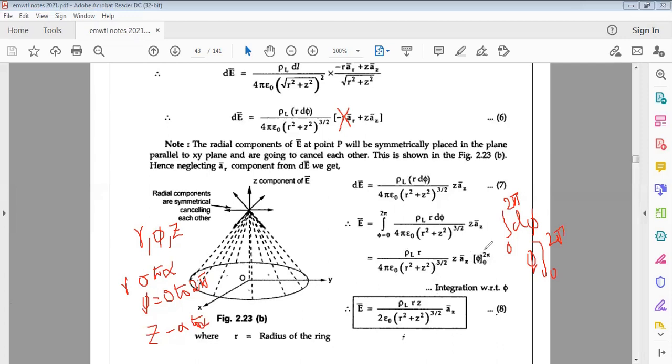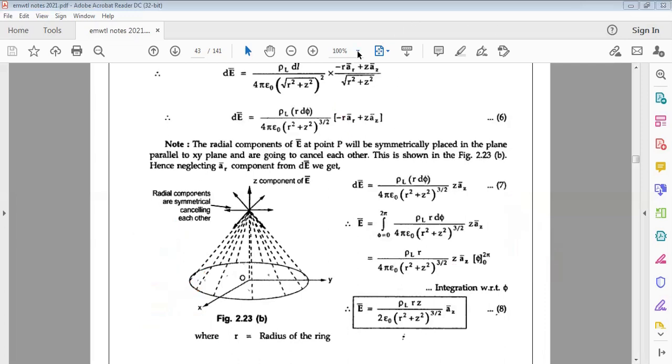Take it as 2 pi, and it cancels with the 4 pi here, remaining only the 2. Therefore, E bar is equal to rho L R Z divided by, after cancelling 2 pi, 2 epsilon naught R square plus Z square whole power 3 by 2, along the Z axis aZ bar, where R is the radius of the ring.